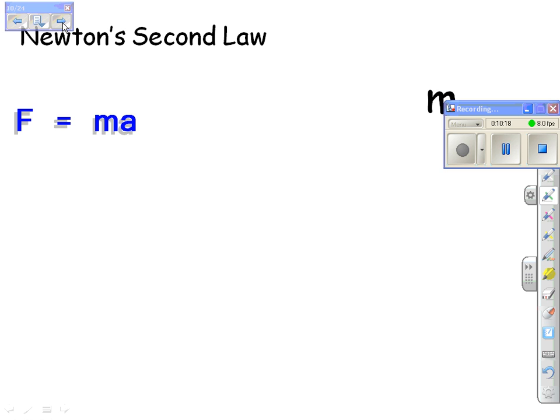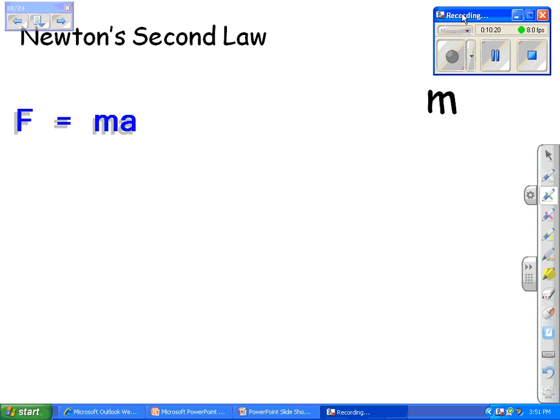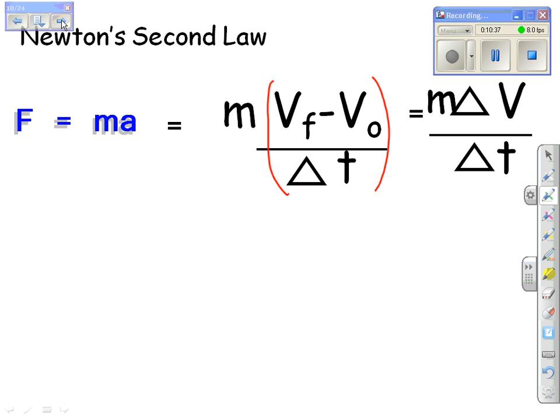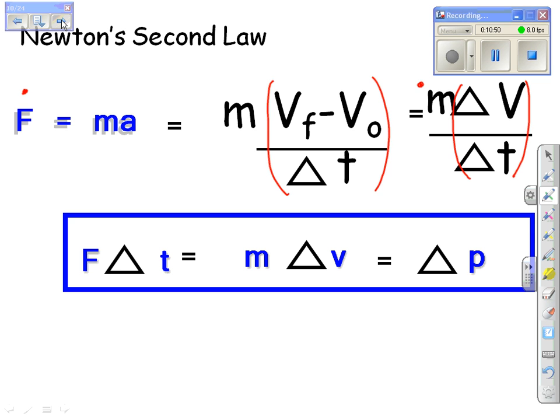So Newton's second law said F equals ma. Hopefully everybody remembers that, considering we just had a test on it. Another way I wrote that would have been m times the change in velocity divided by the change in time, or mass times delta v divided by delta t. Now, if I put the beginning formula and this F next to each other, I can rearrange the formula so that it's F times the change in t equals m times the change in velocity.